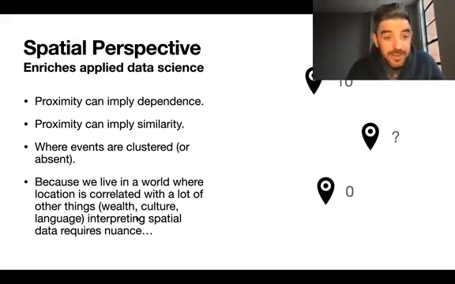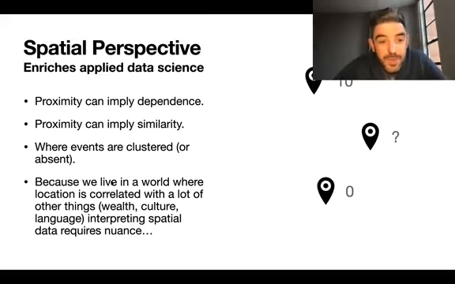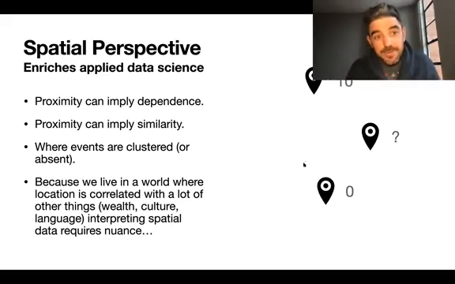This is because we live in a world where location is often correlated with a lot of other things. Location is often correlated with wealth, with culture, with language. So interpreting spatial data can require a lot of nuance. It's really interesting to think about the data that we have, when we put it on a map, and figure out what we can learn from that or not.